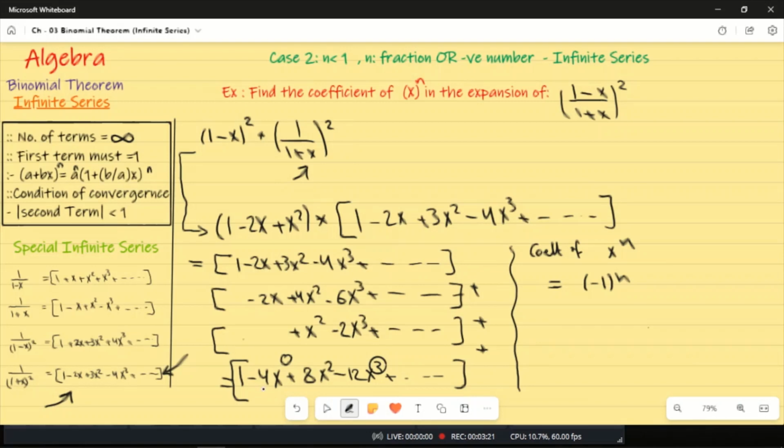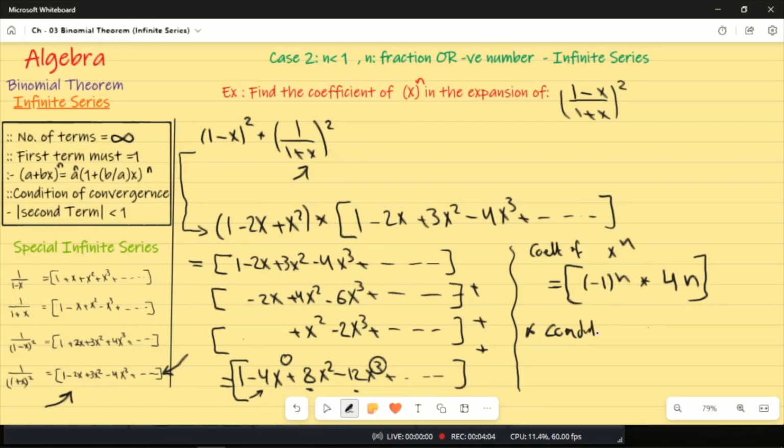And move to the number. Here we find the number related to the power: negative 1 power n into 4n. Here we find power 2 multiplied by 8 and power 3 multiplied by 12. So this is the coefficient of x power n.